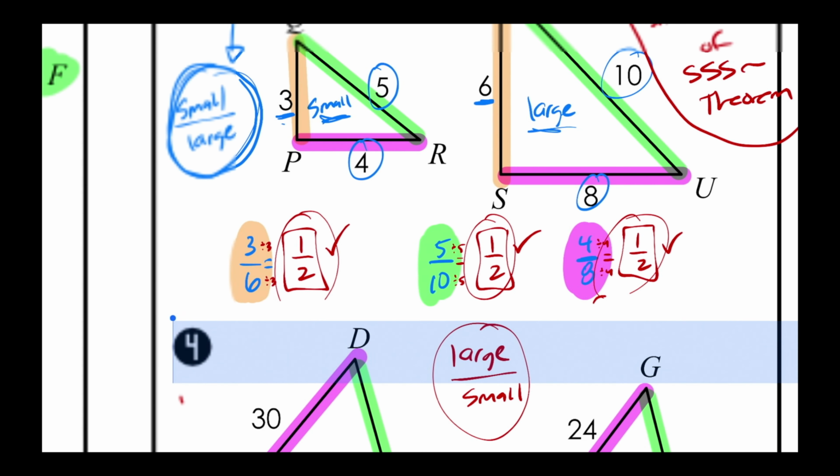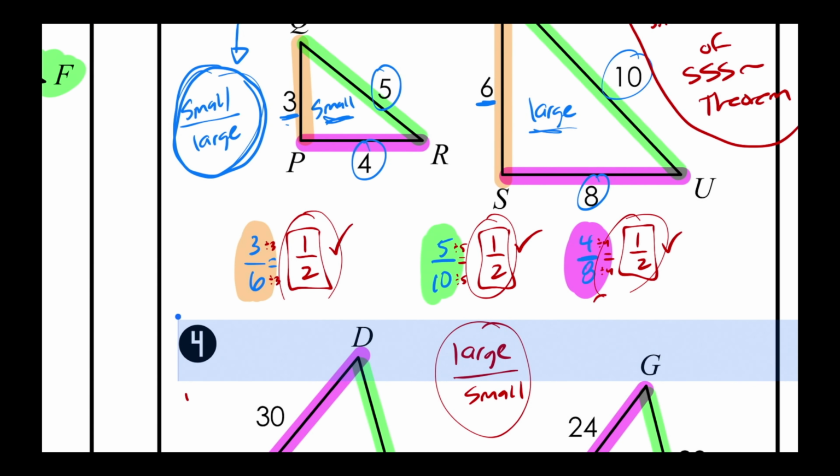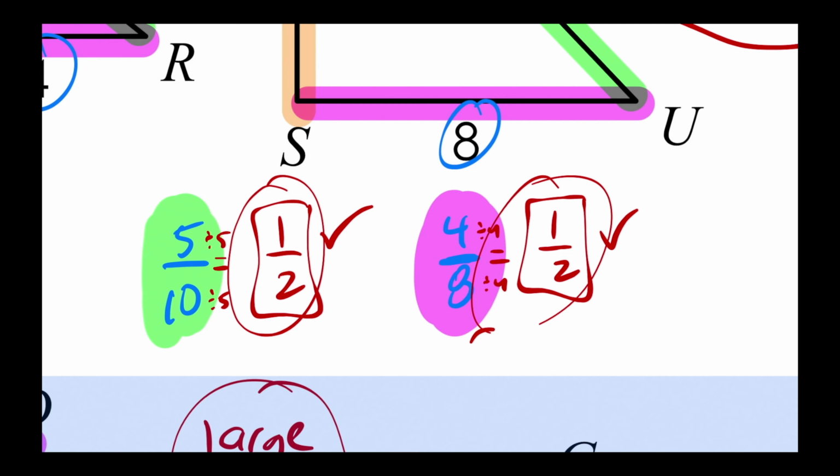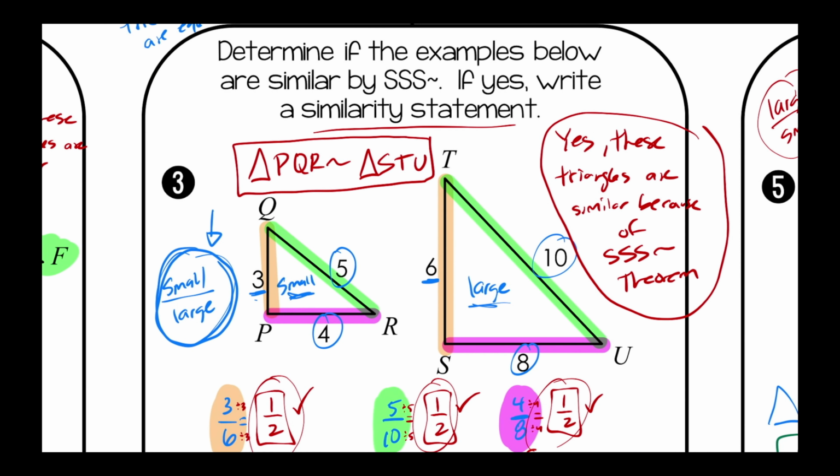And if all the ratios are the same, that means they're all proportional, because proportion just means ratios are equal. And if we have all three ratios equal, then we have SSS similarity. We can say, yes, these two triangles are similar because of SSS similarity, because all their sides are proportional. They all grew or shrunk at the same rate.